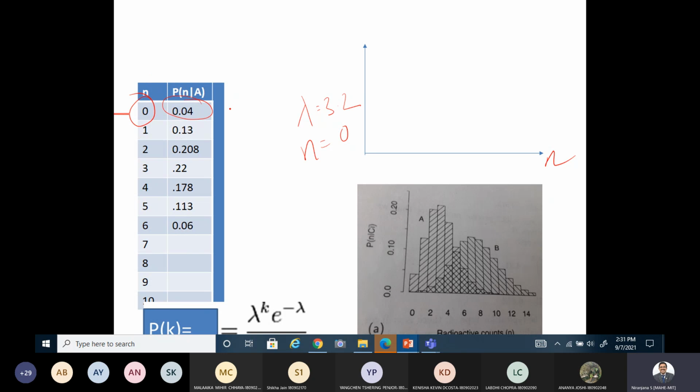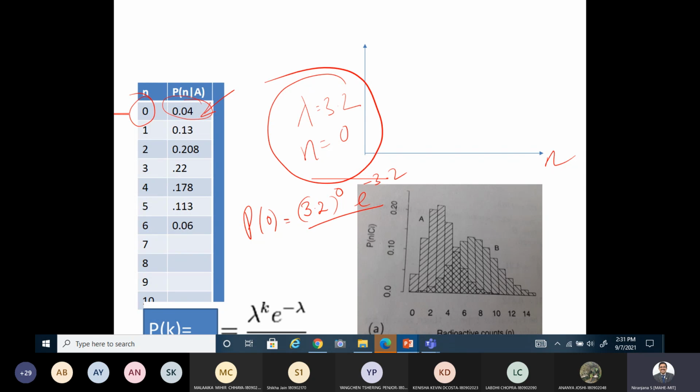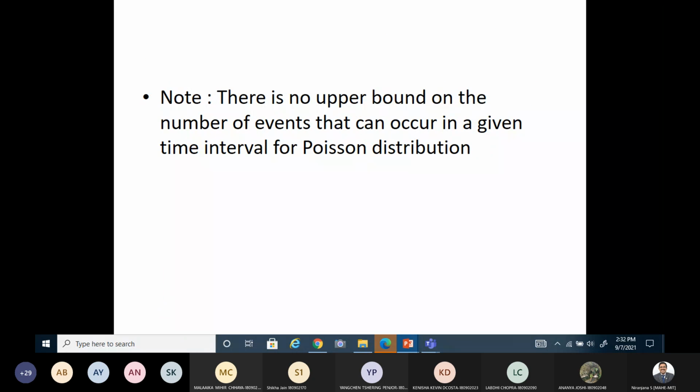So can you tell me, are you getting this value? P of 0 is lambda, 3.2, to the power 0, times exponential of minus 3.2, over, in the denominator, K factorial.